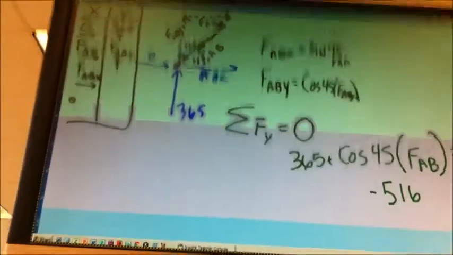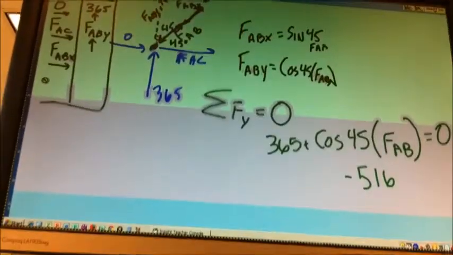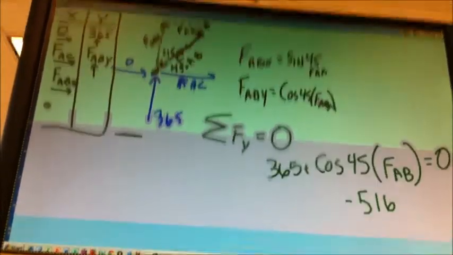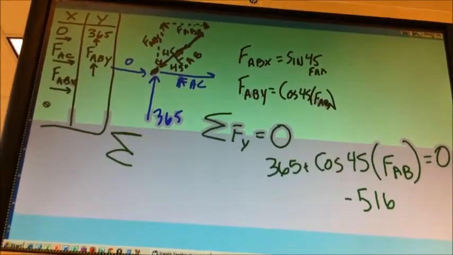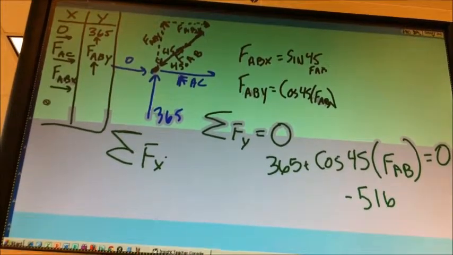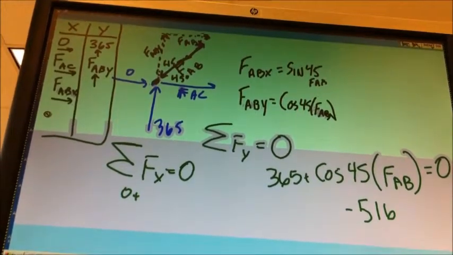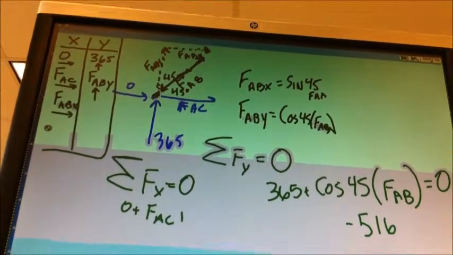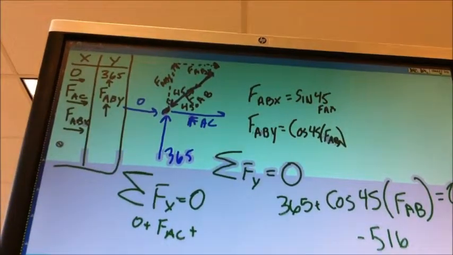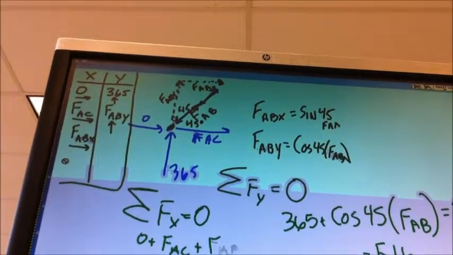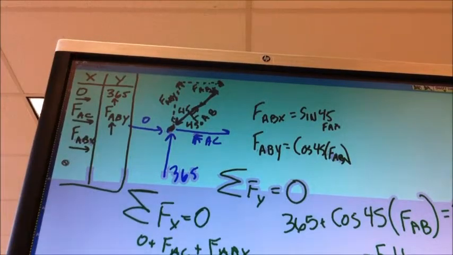Now we can use that to calculate for x, the last little bit of this. You've got to equal them up to 0. They're all going the same direction. The sum of the forces in the x direction needs to equal 0. We've got 0 plus FAC, which we're calculating, plus FABX.